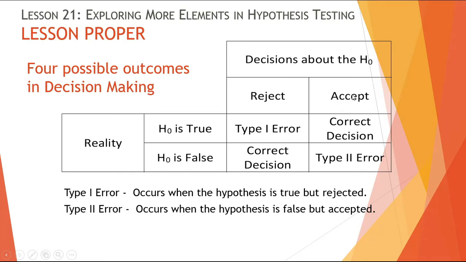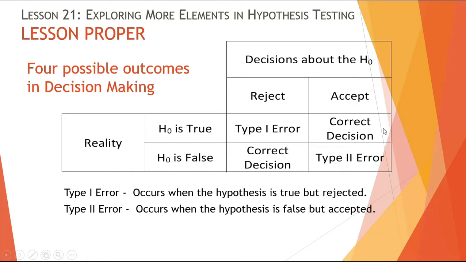However, if you accept the null hypothesis, therefore, you are making a correct decision. Again, if you reject the null hypothesis when it is true, you are committing a type 1 error. However, if you accept the null hypothesis that is true, then you are making a correct decision.